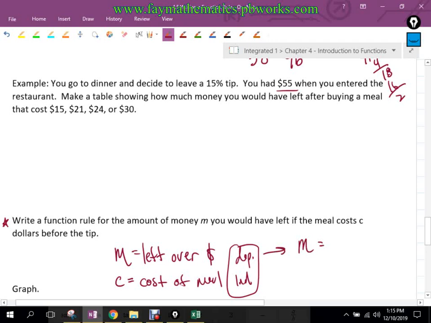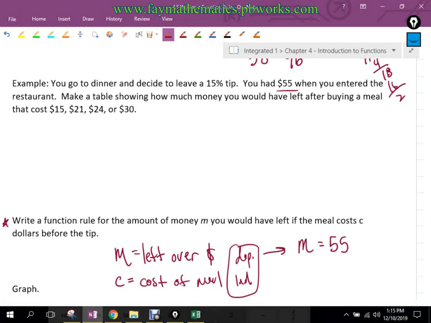M is equal to, and now I have to read through the problem. I start with $55, right? M is the leftover money. We want to know how much money I have left over, so I have to have a total that I started with. If we're thinking about leftovers, what are we going to start doing to that 55? Are we going to be adding to that or subtracting from that?